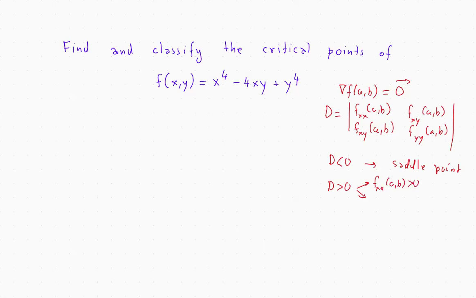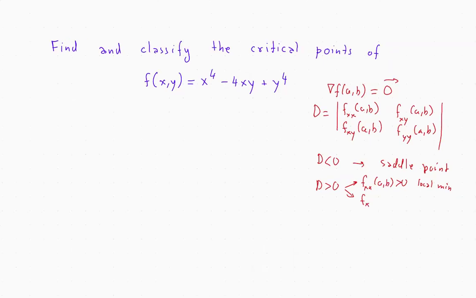And fxx at (a,b) is less than 0, in which case we have a local maximum. Note that there is no way that D is greater than 0 and fxx at (a,b) is 0. If that were the case, then you could simply get your determinant to be minus fxy of (a,b) squared, which is a non-positive number.